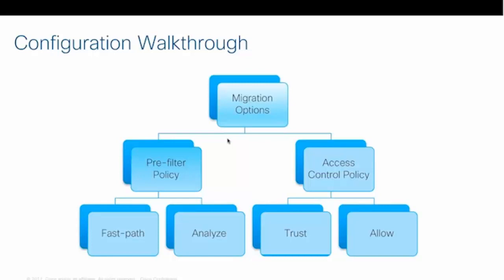If we choose the option access control policy, then the system will give us two options, either trust or allow. With the trust option, the traffic will be bypassed from any of the dependent policy inspection within the access control policy, and with the action allow, the traffic will be subjected to the dependent policy inspection that comes under the access control policy, such as file inspection and intrusion inspection.